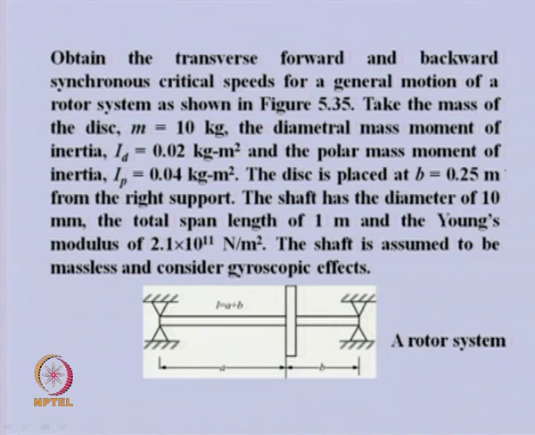now we will take another example in which we will be considering coupling in more general form. Let us say we have one rotor like this, with an offset disc, and various parameters are given here: mass, ID, IP of the disc, span of the disc, the particular span of the shaft, Young's modulus, the position of the disc, all the dimensions.